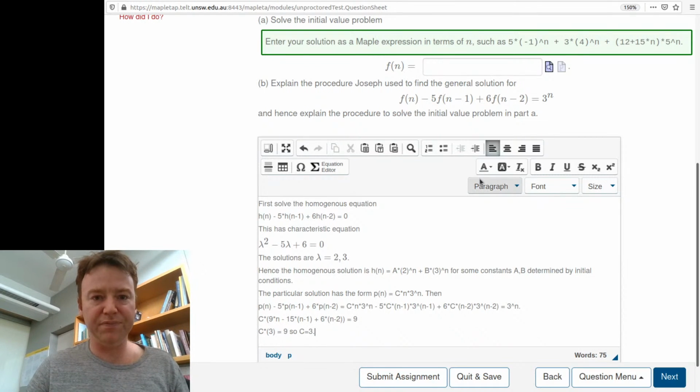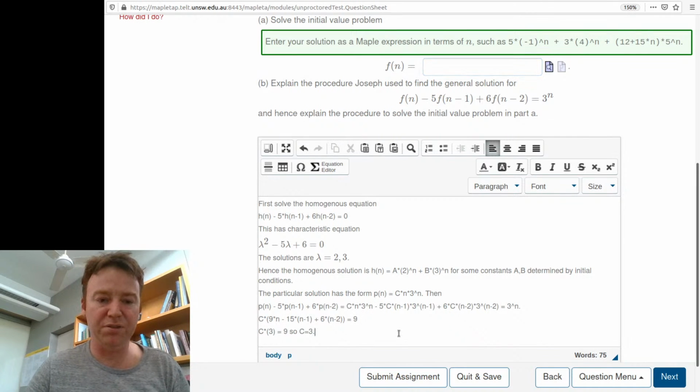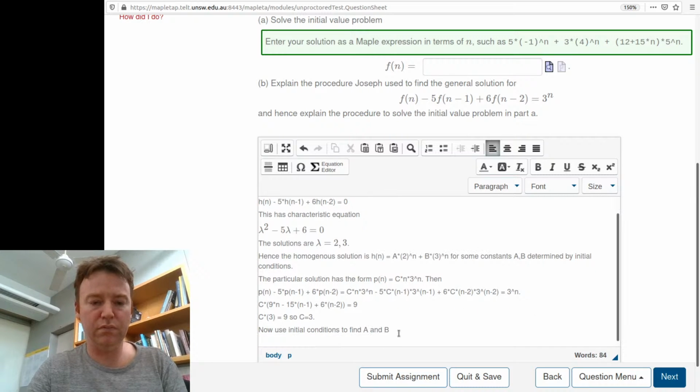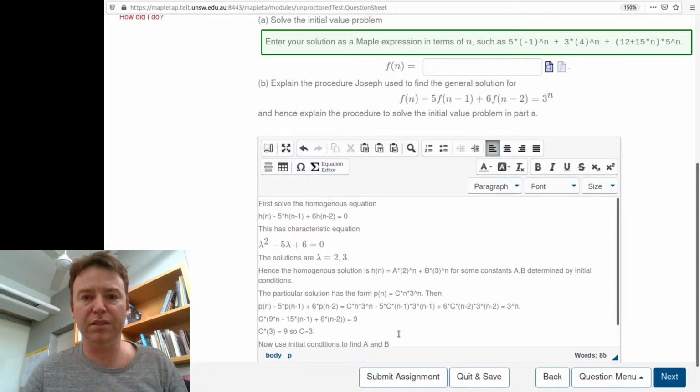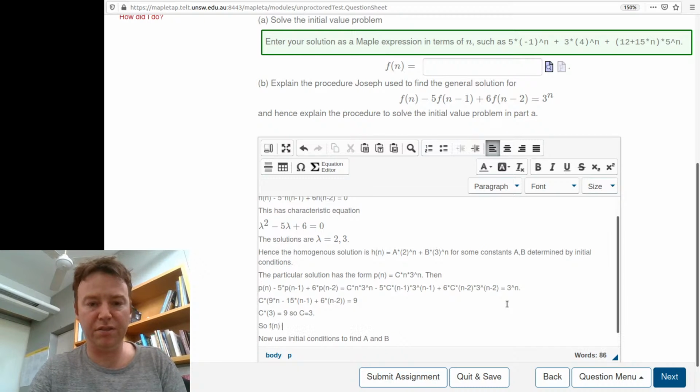Okay, so now I've typed out my solution. I can say what f of n is. Oh, no, sub in initial conditions. What are my initial conditions? F of 0 is 2. So f of n, let's just get what we've got so far.